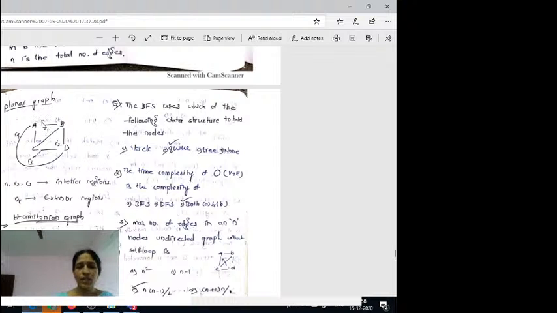If you convert a graph with 4 vertices into a planar graph, then it contains these regions: A, B, C is one region, C, B, D is one region, and A, C, D is one region. So 3 are internal regions and 1 is the external region. So this is what we have about the planar graph.